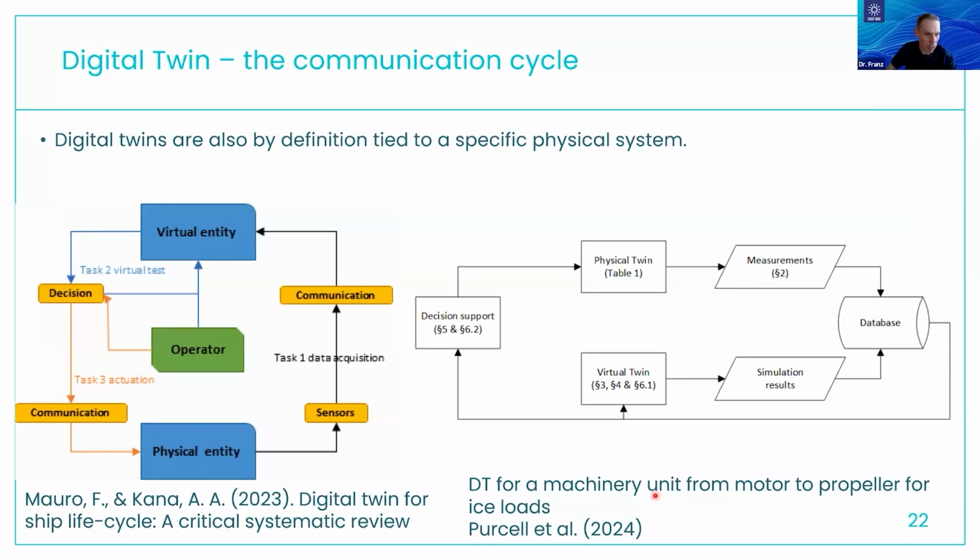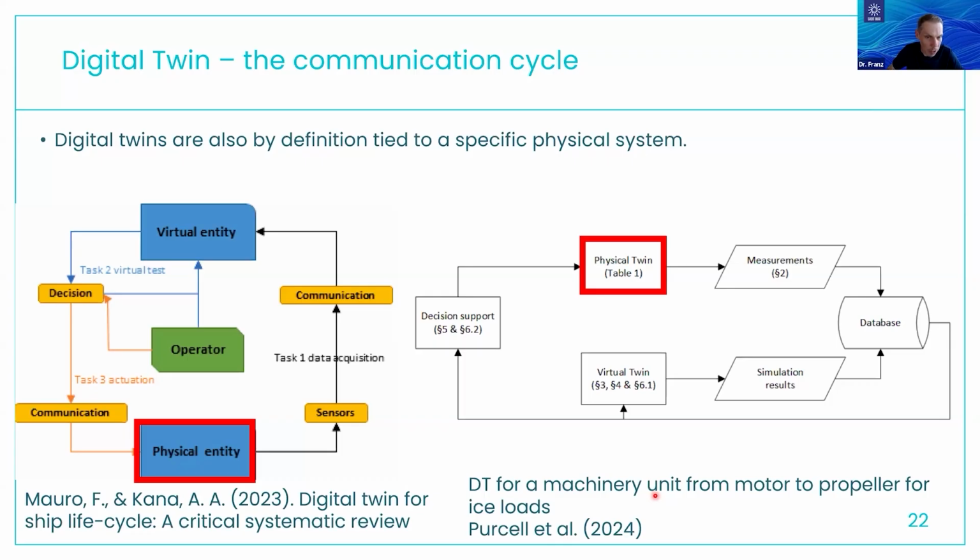On the left-hand side, there is a digital twin for the ship life cycle, and on the right-hand side, there's a digital twin for a machinery unit from the electric motor to the propeller, including the shafts and the ice loads.